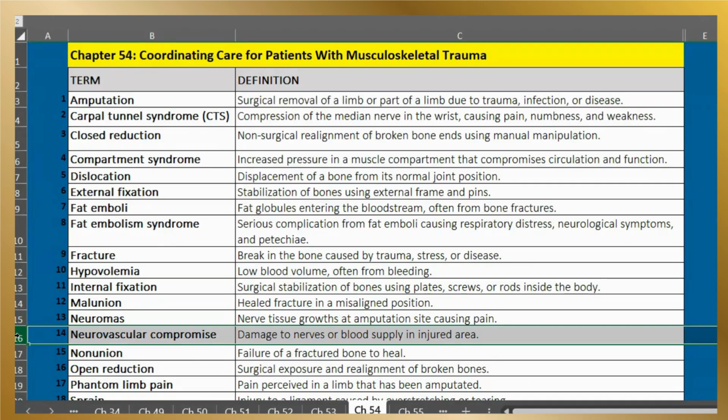Neurovascular compromise: damage to nerves or blood supply in the injured area. Neuro we know, and vascular means blood flow.